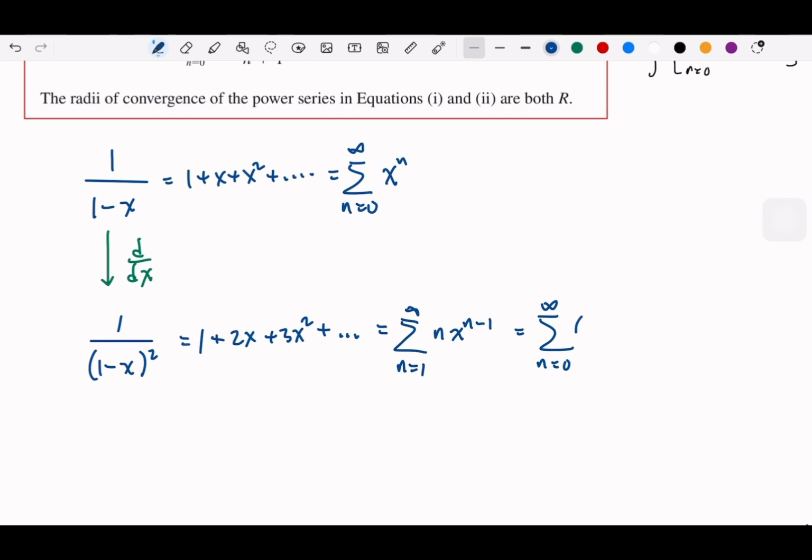And this could be n plus 1, and then this will be x to the power n. It will be the same. Okay. Just changing n with n plus 1. And then the radius of convergence will be the same. It will be 1.